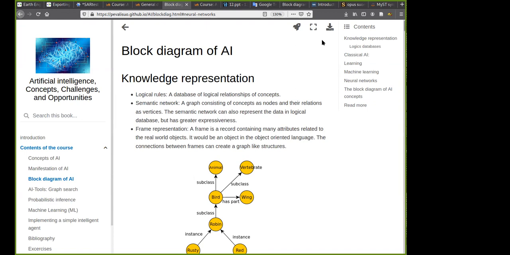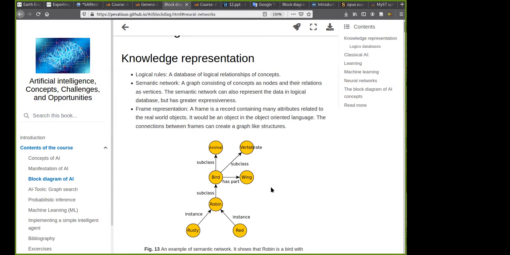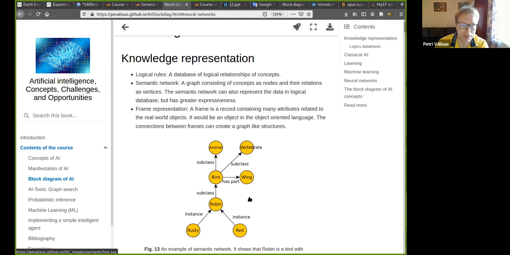And then what you can represent as logical rules can also be represented as a semantic network, which is a graph that you can see here on the bottom of the screen. This is a richer way to describe knowledge. For example, this graph shows that there is a bird called robin, punarinta in Finnish, and that has certain properties.